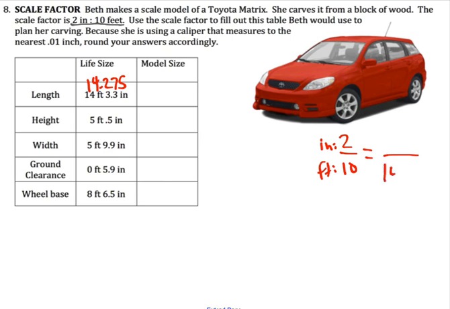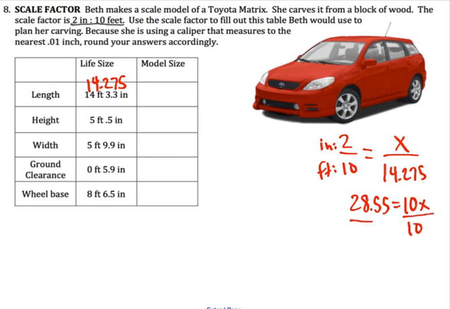So 14.275 feet is the length of the car, and we are going to figure out how many inches that is. Now this can be figured out with cross multiply and solve. So let's go ahead and figure that out. If I cross multiply, 2 times 14.275 gives me 28.55, and I get 10x on the other side.